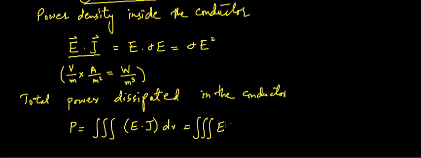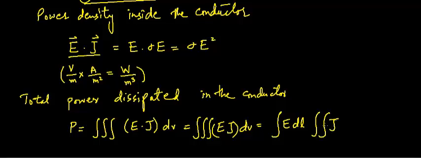So if the value of E is E and the value of J is J, I mean the scalar value, then after the dot product we get this one, and E is the line integral, in fact. The unit for this is volts per meter, and the unit for this is amperes per square meter, right?